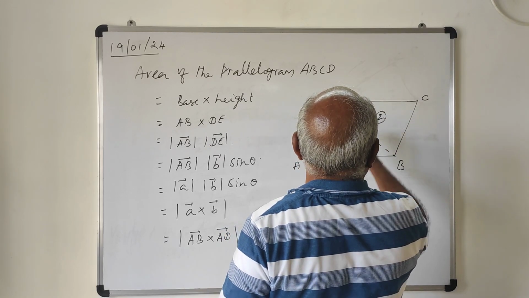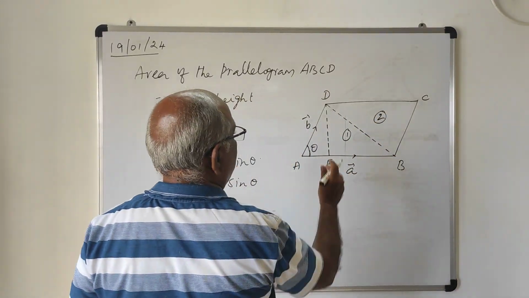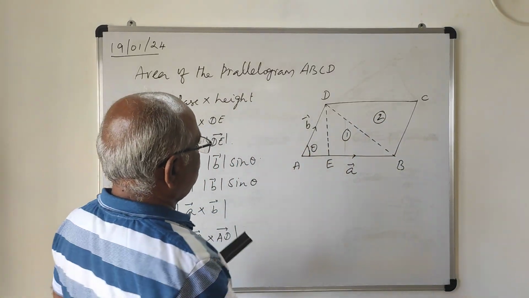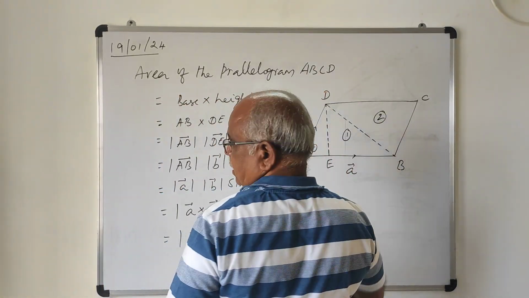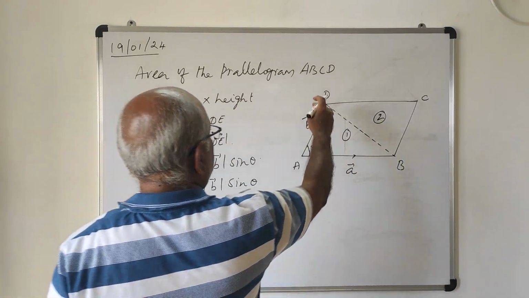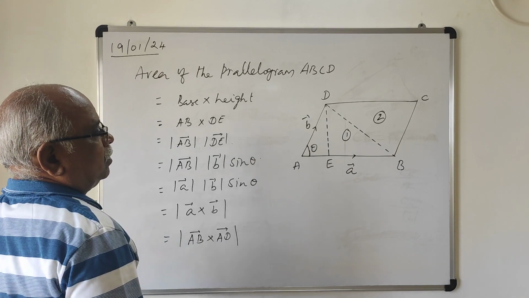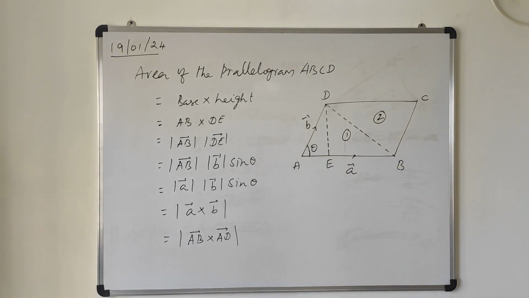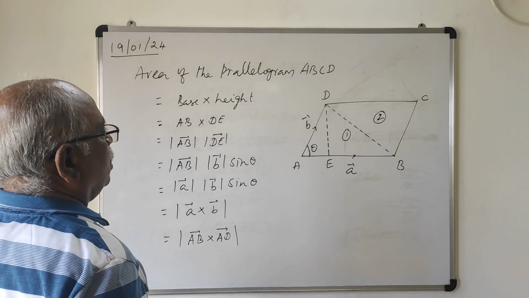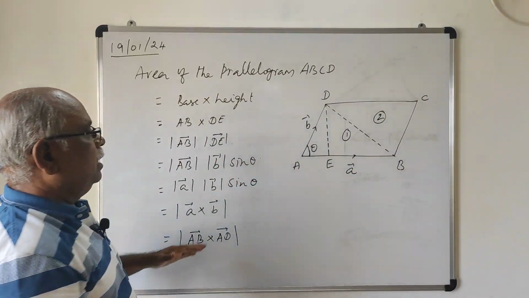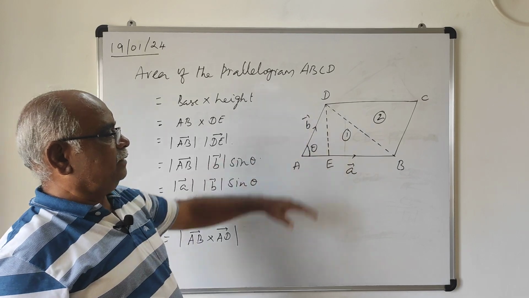The area of the parallelogram consisting of two triangles is therefore 2 times half AB cross AD, the cross product of the adjacent sides.